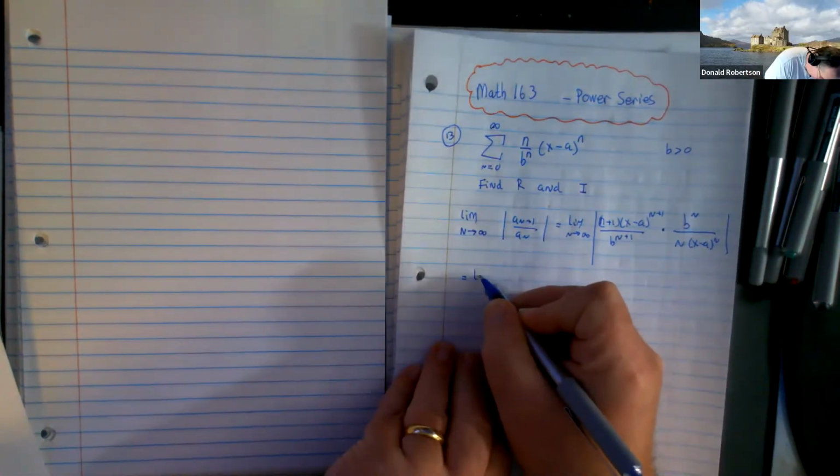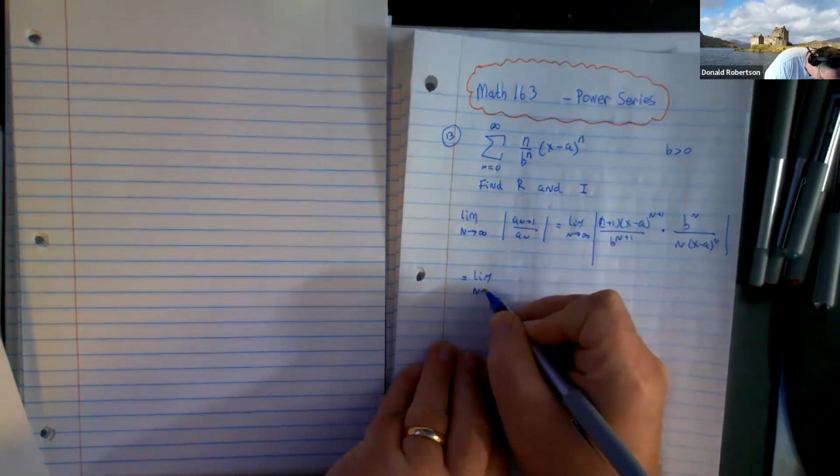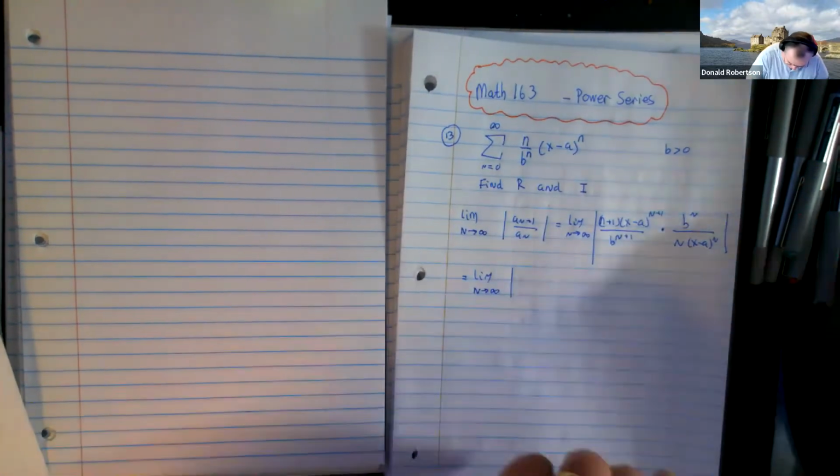And we agreed yesterday, and I don't think anybody said they didn't like it, that we can just turn the second guy upside down and save a whole line of working. Would it be fair to say that we're all comfortable with that now? I don't need to do ugly guy over ugly guy and then turn into that. So that is going to simplify, and then hopefully, get the limit.